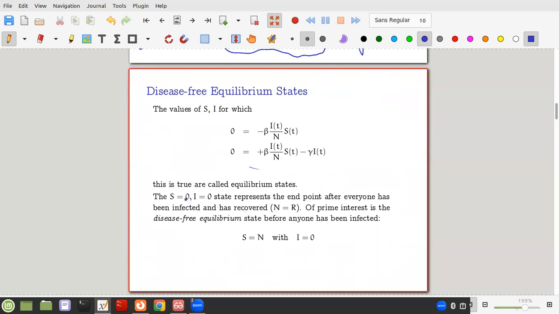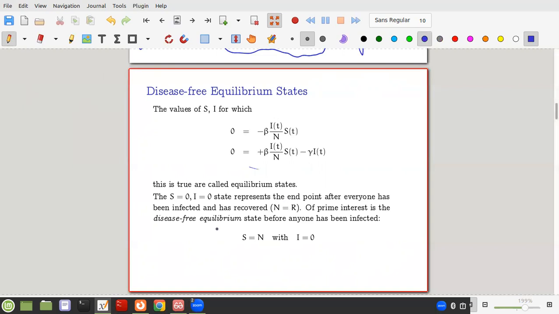So if there's no one susceptible and no one infected, then N equals R, because N equals S plus I plus R. So everyone got sick and it's over. No one dies here, so it's not that bad a disease. But the point is, this is the worst case scenario in which everyone got sick, 100% of people, no one escaped.